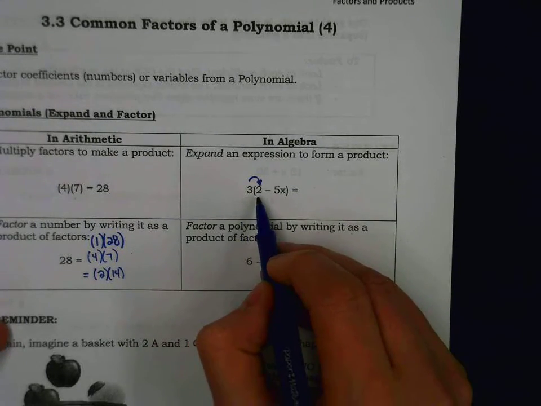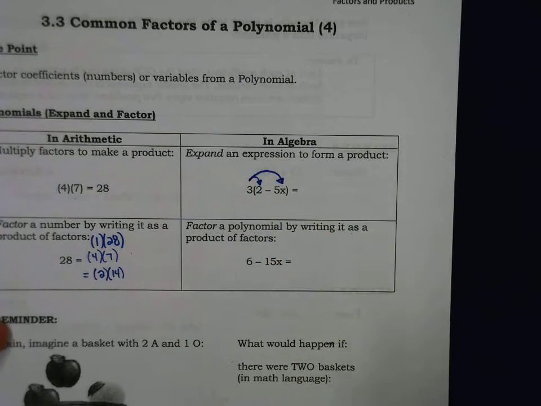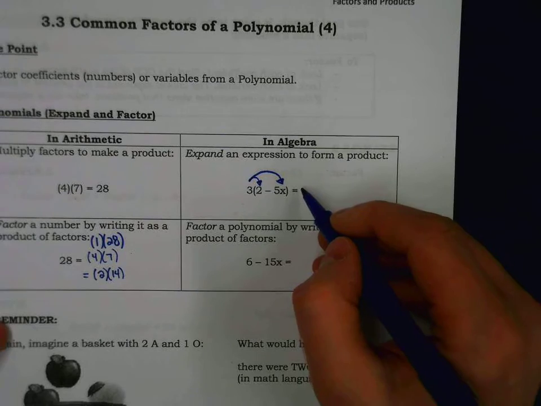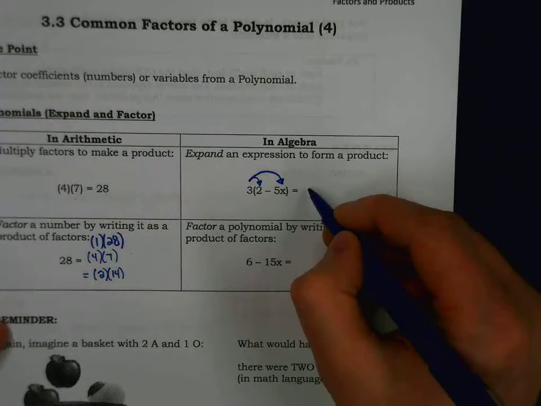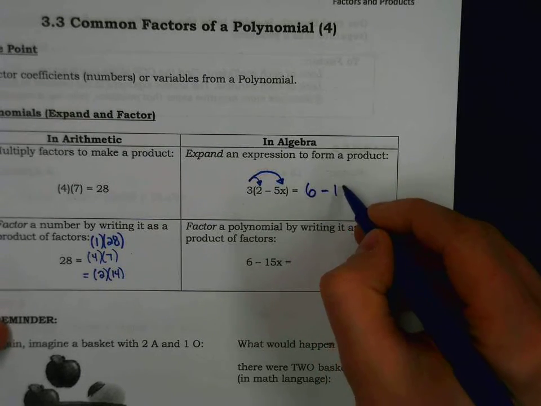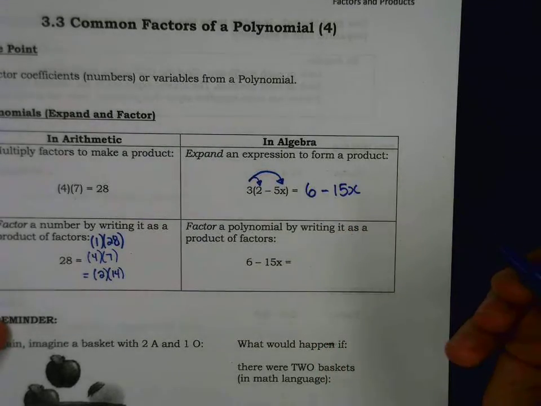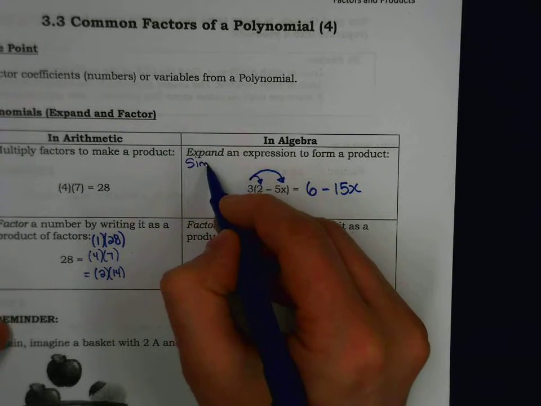We have 3 2's. We also have 3 negative 5x's, which we examined with arrows. Each of those is a multiplication or a product: 3 times 2 is 6, and 3 times a negative 5x is a negative 15x. This is expanding or simplifying.